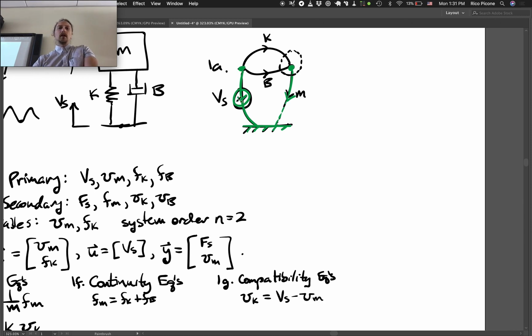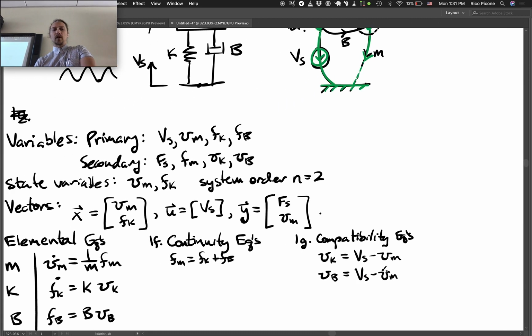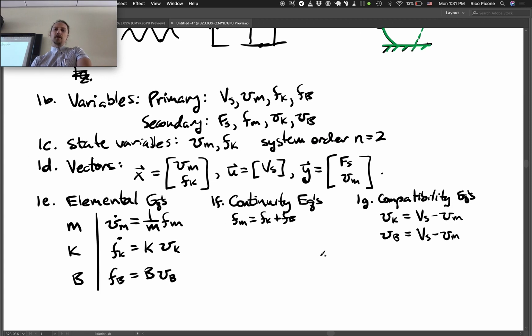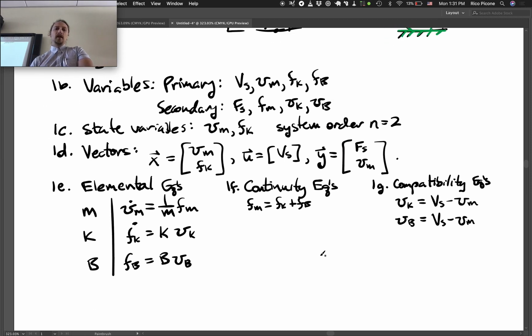Okay. We can do it again for B. Vb equals, once again, Vs minus Vm. Okay, so we've got our 3 equations of continuity and compatibility. And the next step is 2a, which is to eliminate all the secondary variables by substituting a continuity or compatibility equation into an elemental equation.